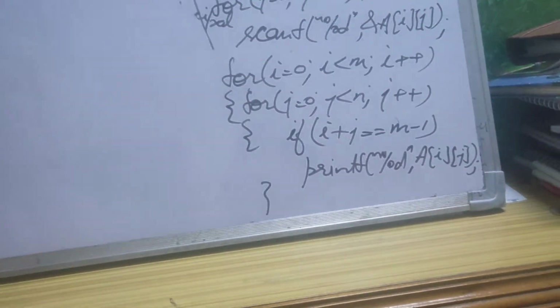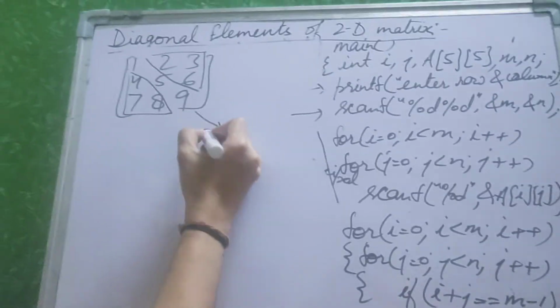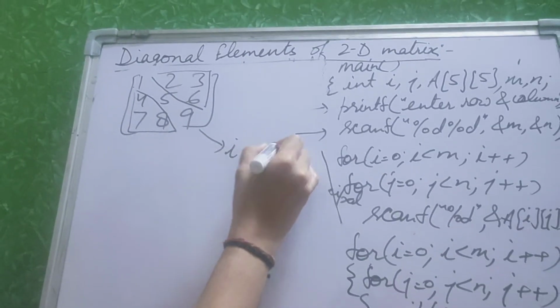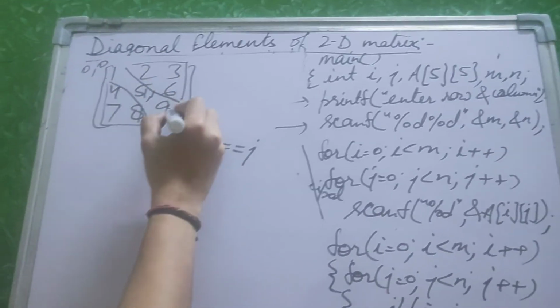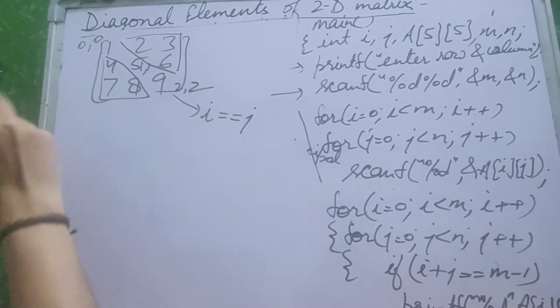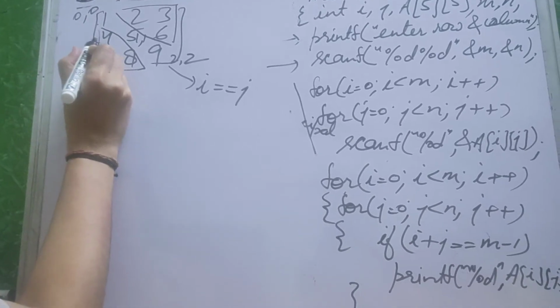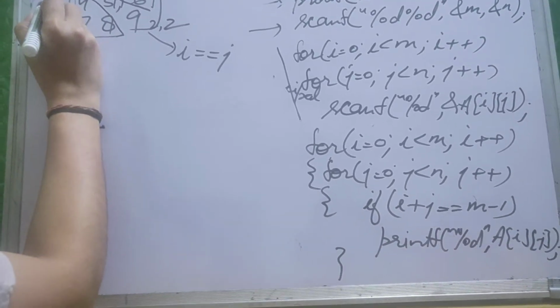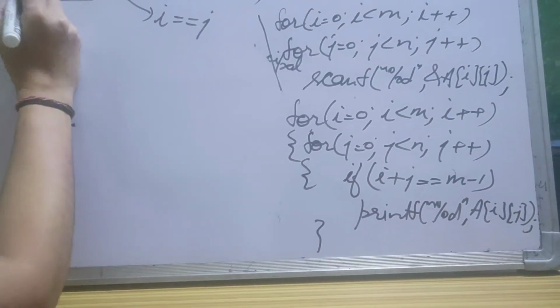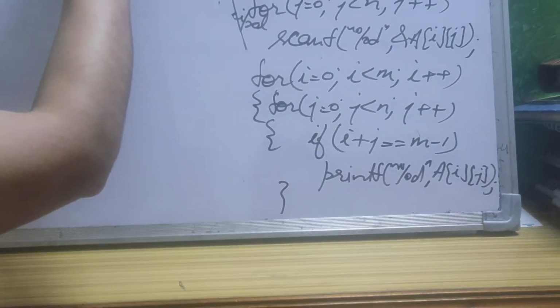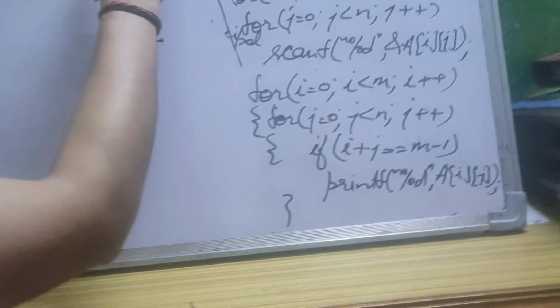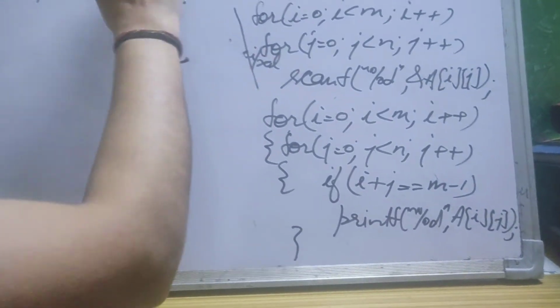What is the condition for this diagonal? i equals j. As we can check, this is 0 0, this is 1 1 and this one is 2 2. What are the indices for this 4? This is 1 0, this one is 2 0, this one is 2 1, this one is 0 1, this one is 0 2 and this one is 1 2.